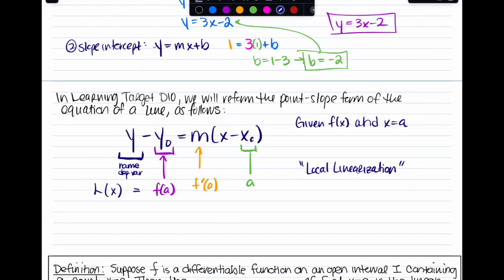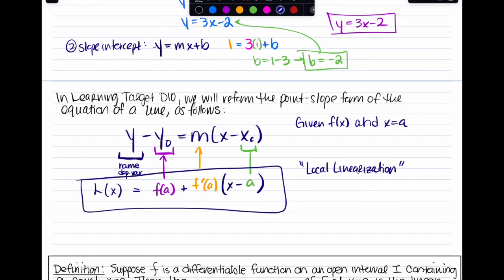So what we're going to have is L of x equals f of a plus f prime at a times x minus a. That is the local linearization formula. That is the formula I'm about to write down in the blank below. But notice too that I can add over y naught, which is what I'm doing, which is why it's not negative there and why the equal sign quote unquote moved.